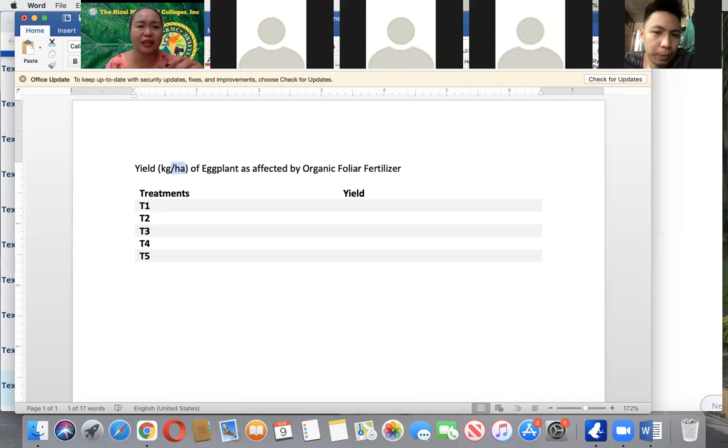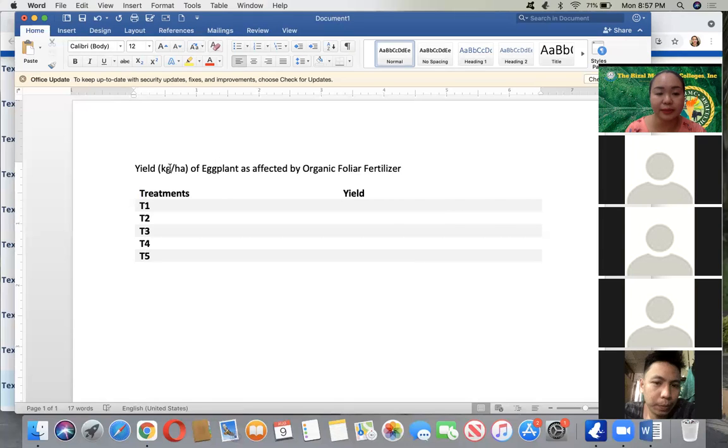Statistics usually use tons per hectare, so let's just say kilogram per plot, to be safe, because I might be wrong. Anyway, you will see in the PSA the different yields in tons per hectare, in reports of statistics. So let's just say treatment 1, this is in kilogram, ha?